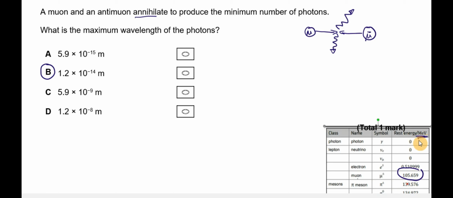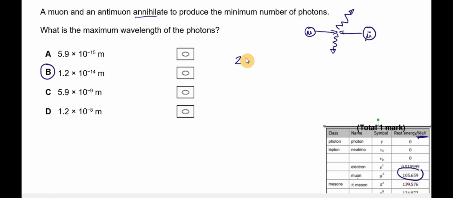Well, the first thing we're going to need to do is convert that energy into joules. So if I have 2 muons, then I'm going to have 2 times that amount of rest energy.